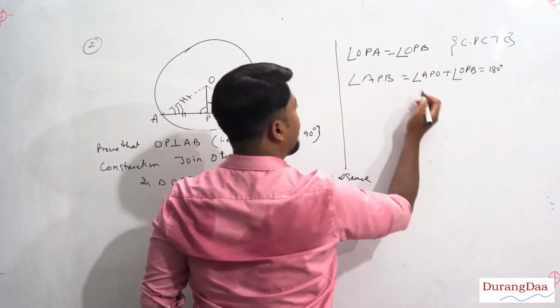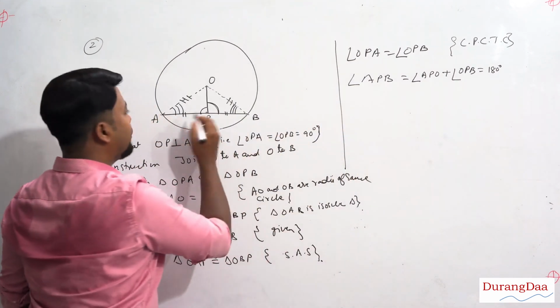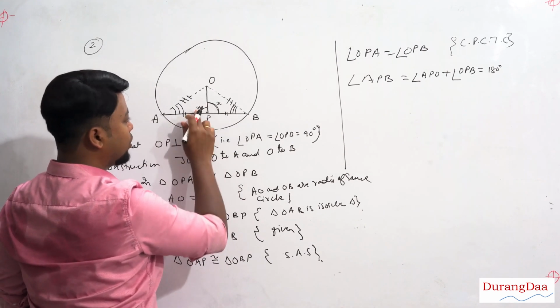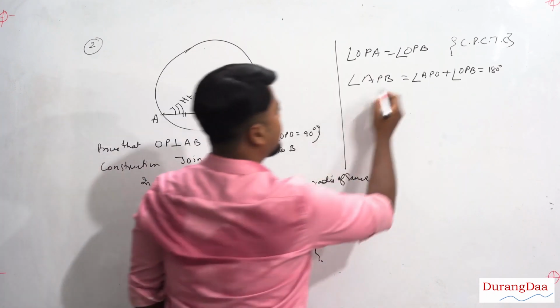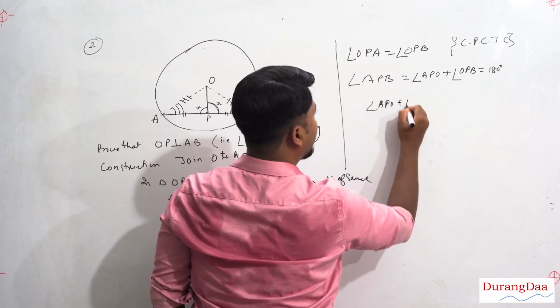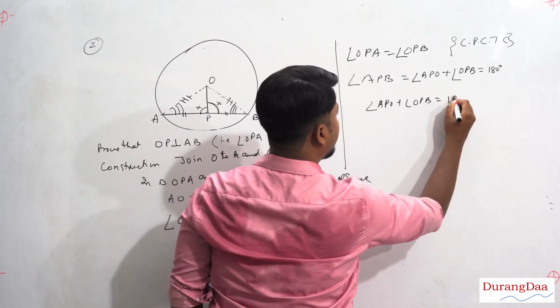All right. After this, let me for convenience mark this angle as x, and this angle should also be x because both are equal. So angle APO plus angle OPB, it is 180 degrees.